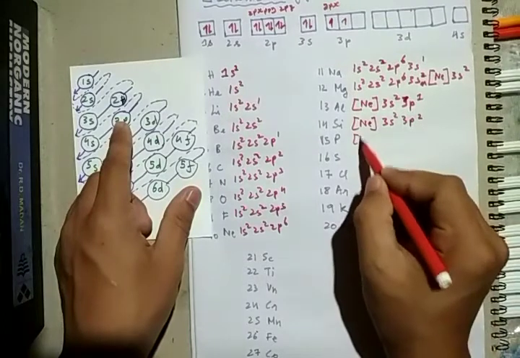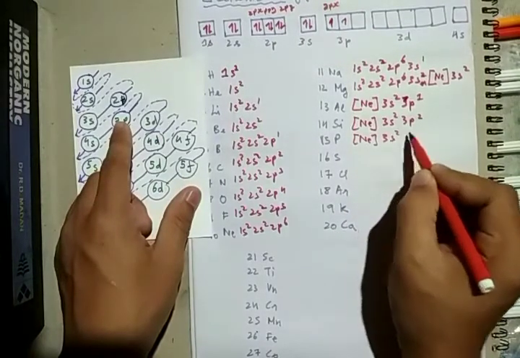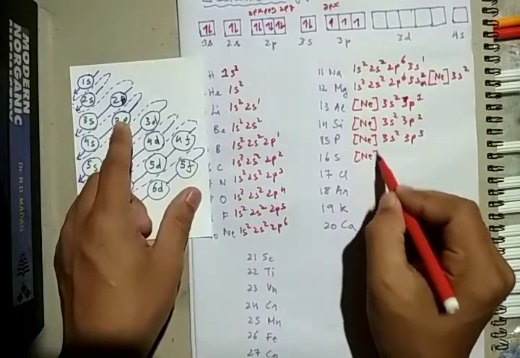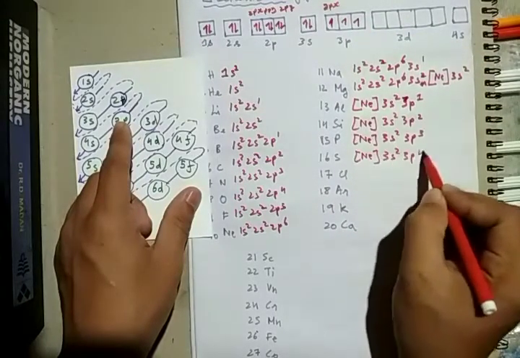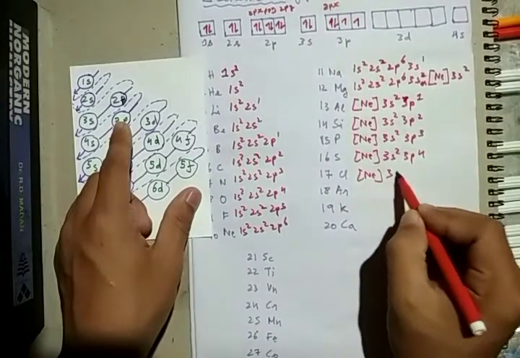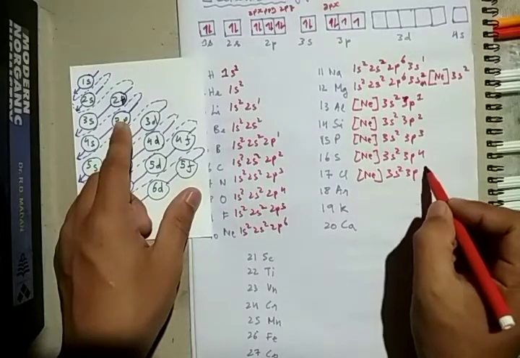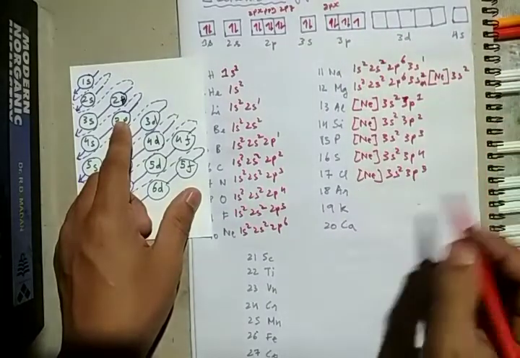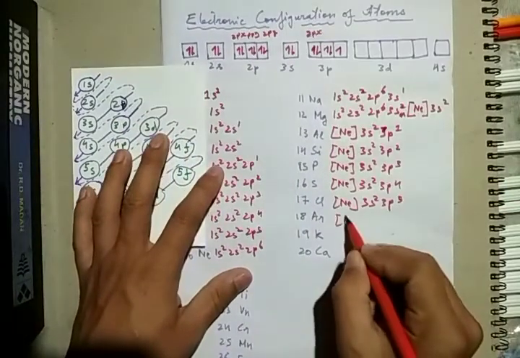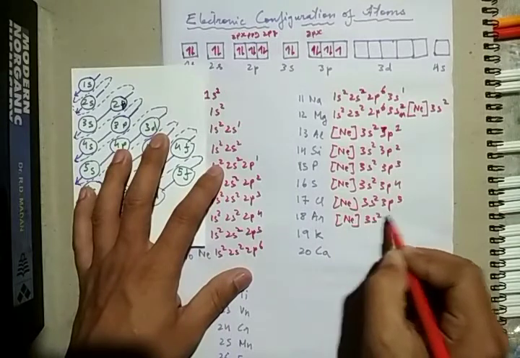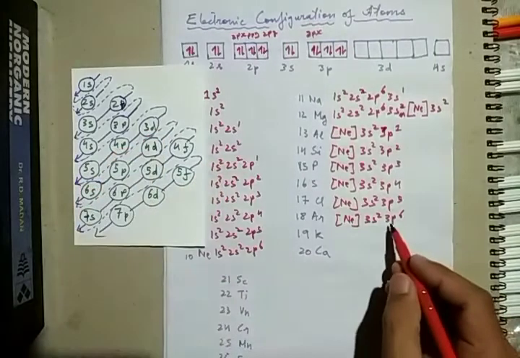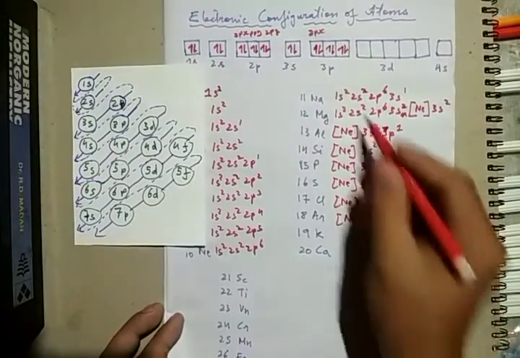It will follow the same sequence. 3s2, 3p3. 3s2, 3p4. 3s2, 3p5. 3s2, 3p6. So it is completely filled.